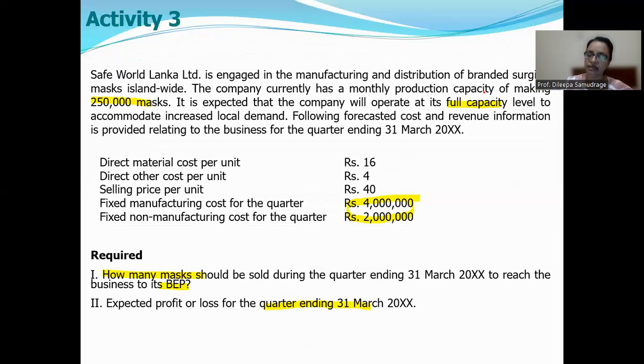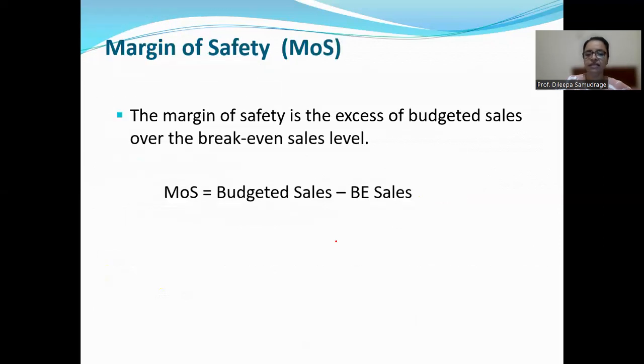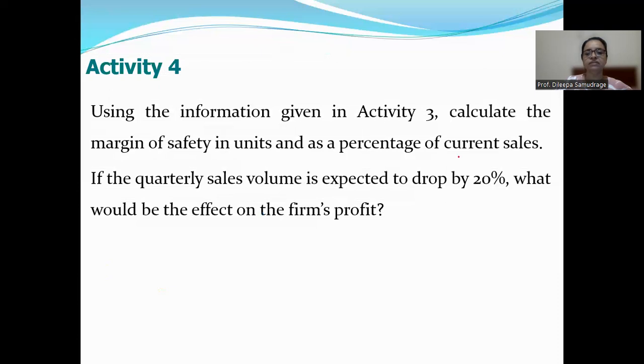Break-even sales is 300,000. Expected sales in this question is 750,000, because during the quarter you have to produce 750,000 masks. Therefore, your margin of safety is 450,000. That is our first answer, the margin of safety in units.